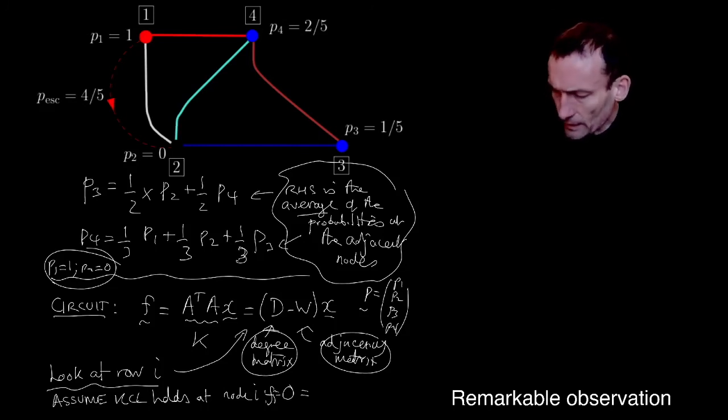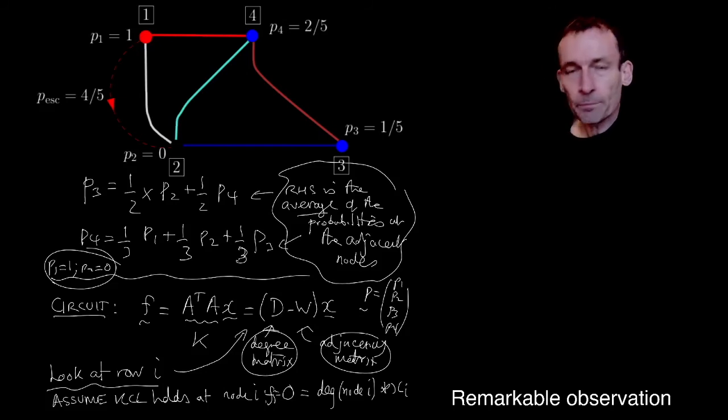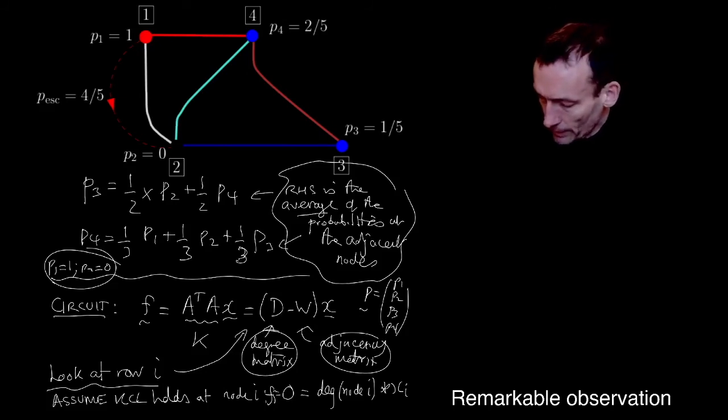And then on the right-hand side, if you just think about this, the diagonal element of D is the only diagonal element, and that's the degree of node i times xi. Okay? And then the only other elements you're going to get in that row is the minus the sum over the adjacent nodes of xj. Okay?